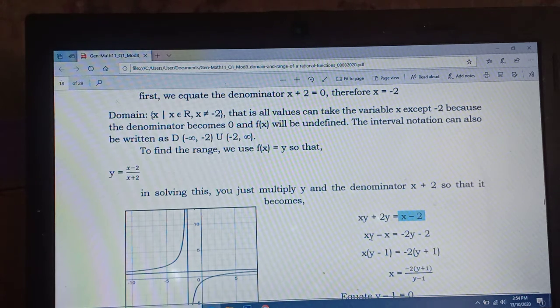Then, factor out. What is the common monomial factor for xy and negative x? That is x, to get the quantity y minus 1. So recall, x times y is xy, x times negative 1 is negative x. And then, factor out negative 2 to come up with negative 2 times the quantity y plus 1.